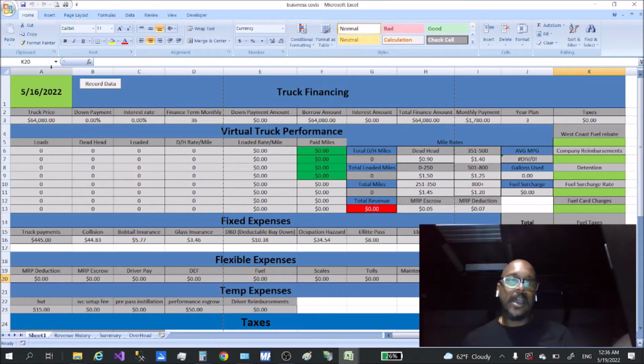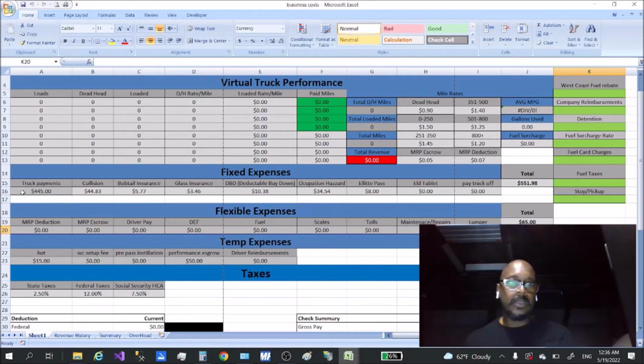I have everything here. I have a lot of formulas here as well, and it includes my truck purchase. And then it just breaks everything down according to my truck payment, all my insurance, and all the deductions that they take out, my fuel cost, and all that stuff.